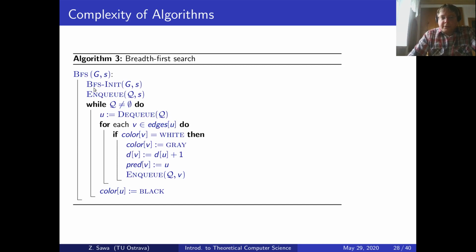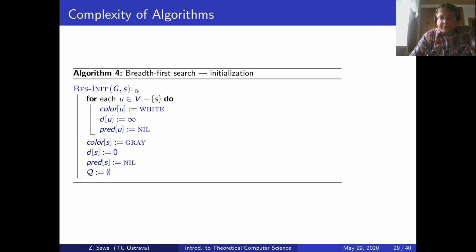So the algorithm starts with initialization. We will have some arrays storing some information for each node. One kind of information is denoted here as the color of a node, and the color could be white, gray or black, and the intended meaning is the following.